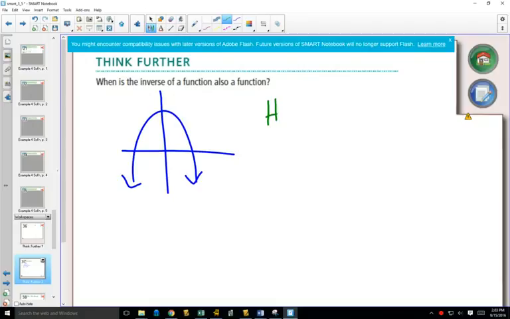The test to see if the original function is going to have an inverse that's a function is the horizontal line test. Because what happens to a horizontal line when you flip it? It turns into a vertical line. And so if your original graph passes the horizontal line test, your image after the inverse is going to pass the vertical line test.